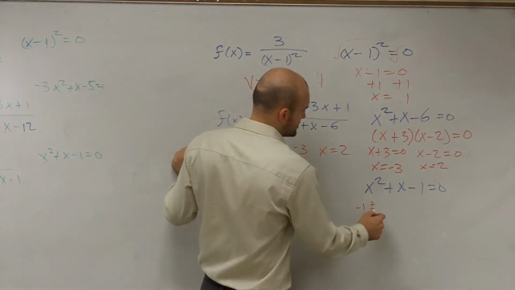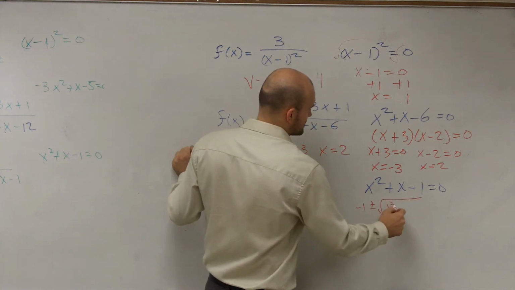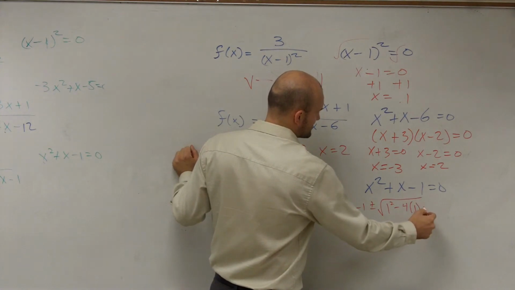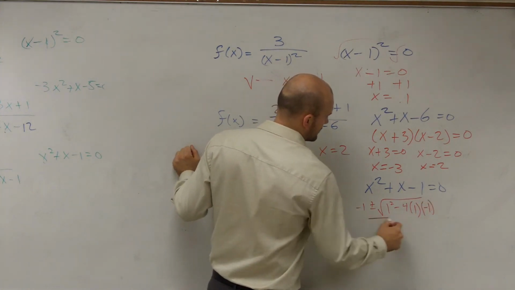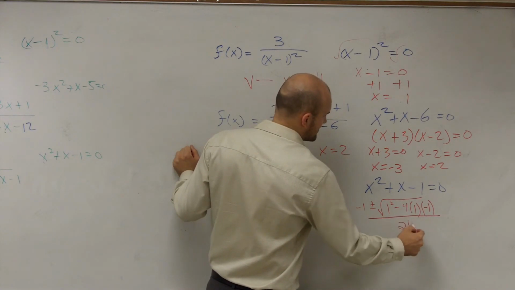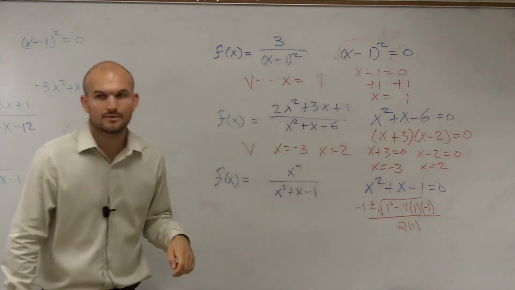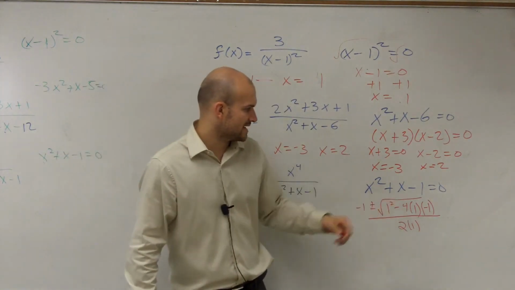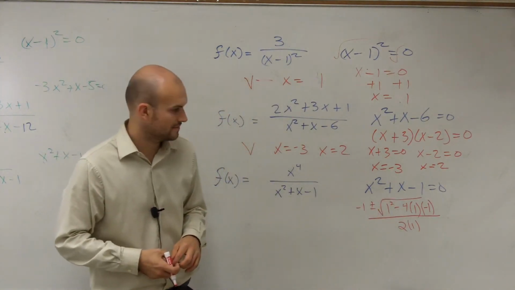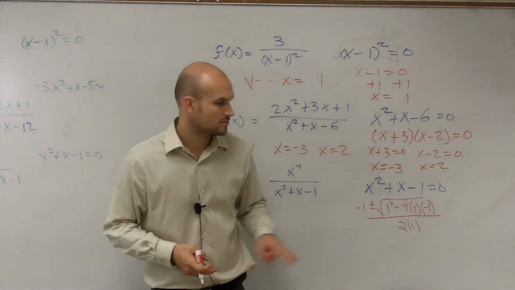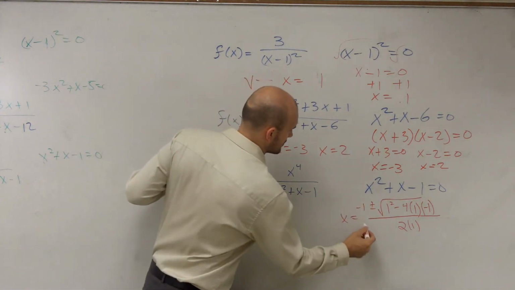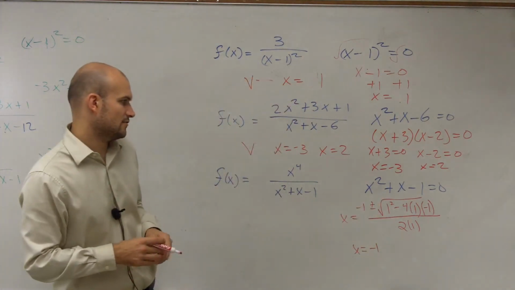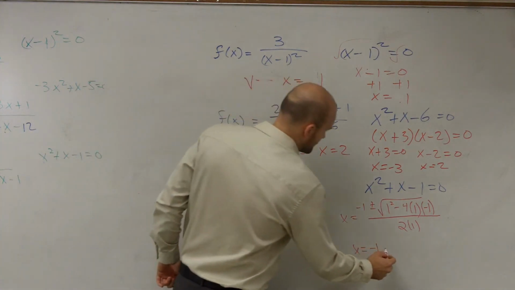So it's negative 1 plus or minus the square root of 1 squared minus 4 times a times c, all divided by 2 times 1. Okay? So when we look at this, we have negative 4 times negative 1, which is going to be 5. So we have x equals negative 1 plus or minus the square root of 5 over 2.